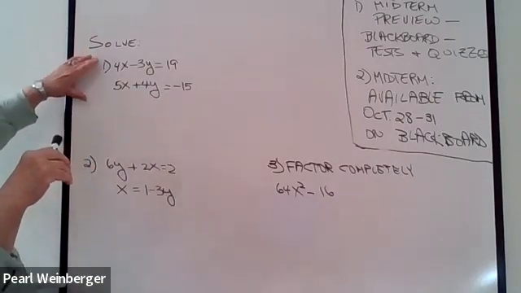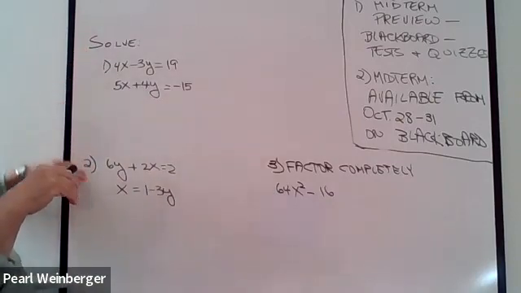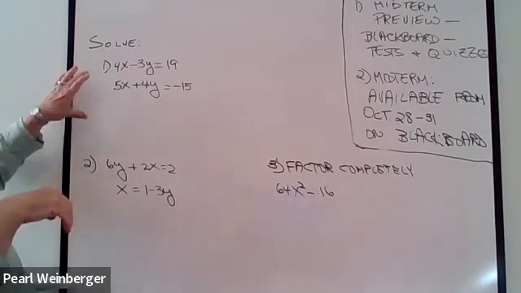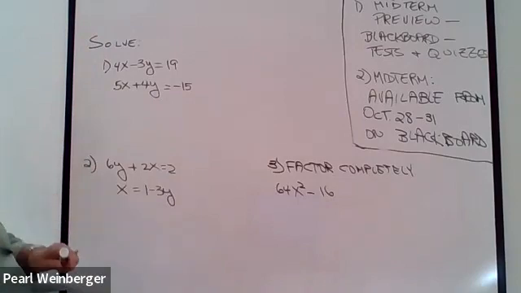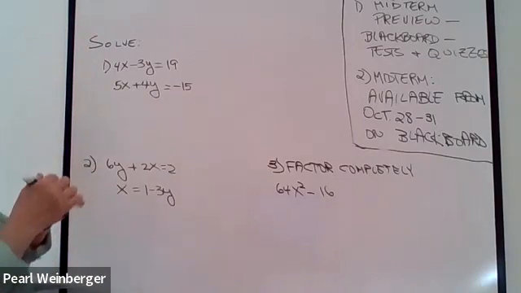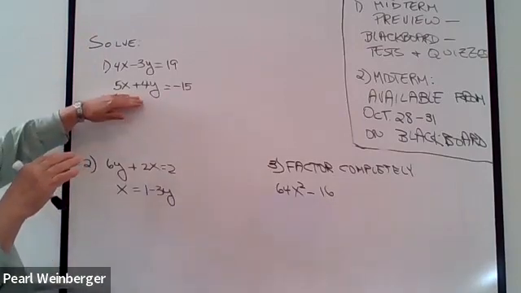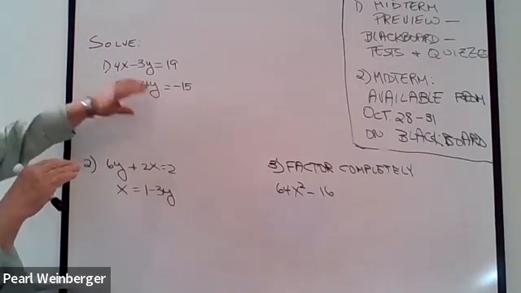Okay, so questions 1 and 2 are what we call systems of equations. Let's just go through, we want to solve both of these. So let's start with this one.